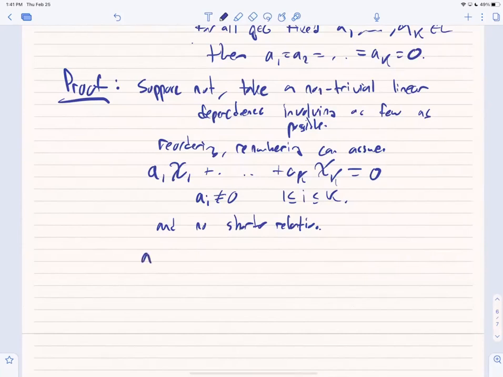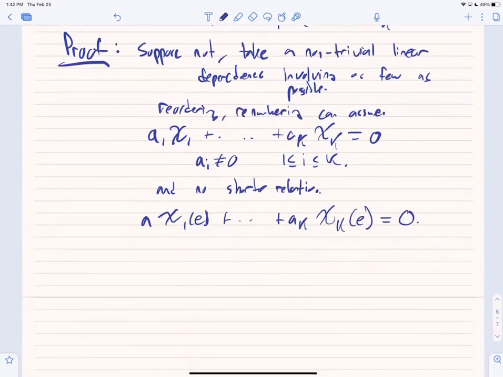We have A1 chi 1 of E plus Ak chi k of E, where E is the identity element. This is equal to 0. And so this implies that if I act by right translation, let me say it this way.